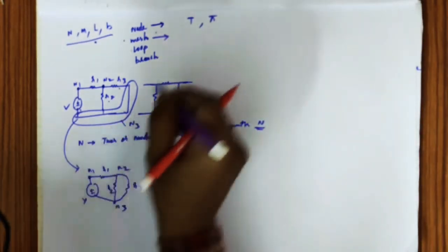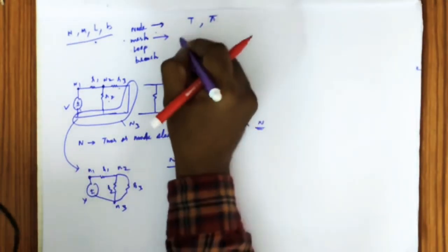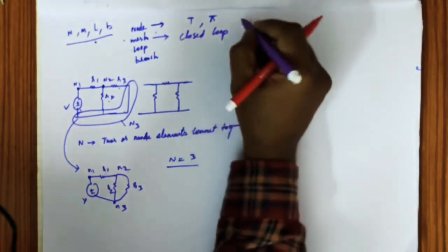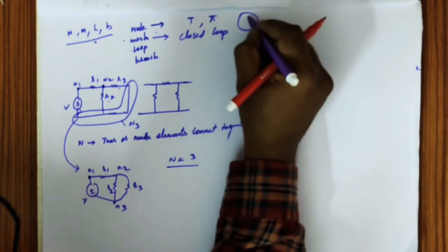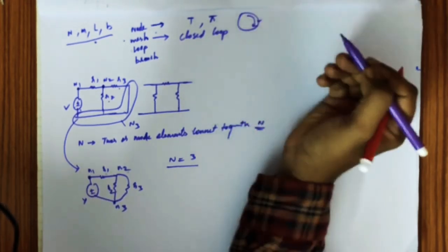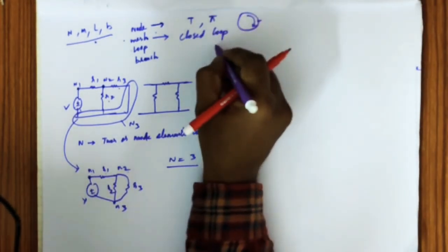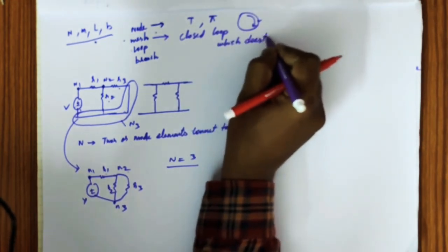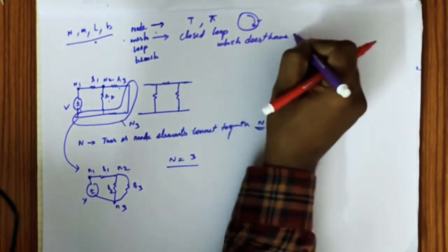Okay, so what is the mesh here? Mesh means a closed loop, where current is flowing in a loop, a closed loop which doesn't have an inner loop.